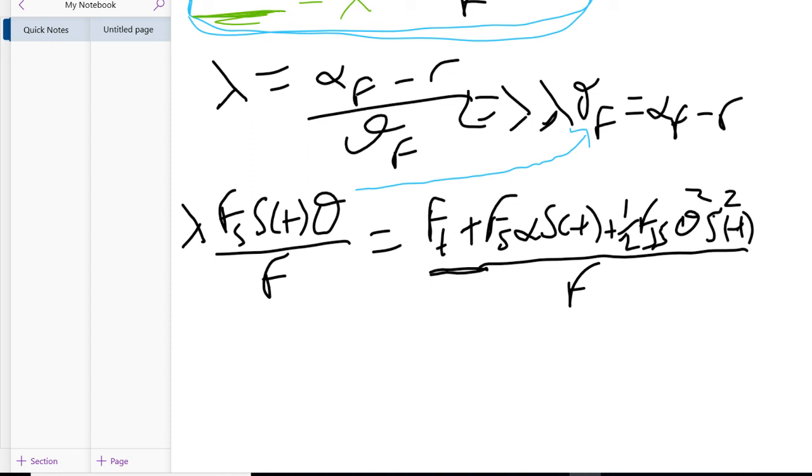And I might run out of room there, so you'd obviously of course have minus r. Let's not forget that.